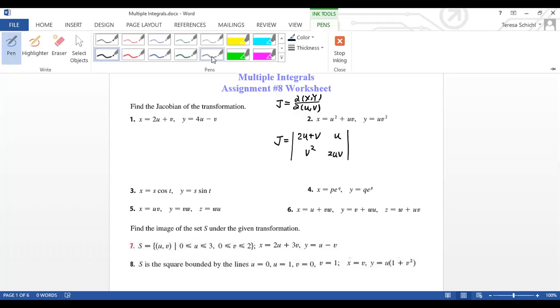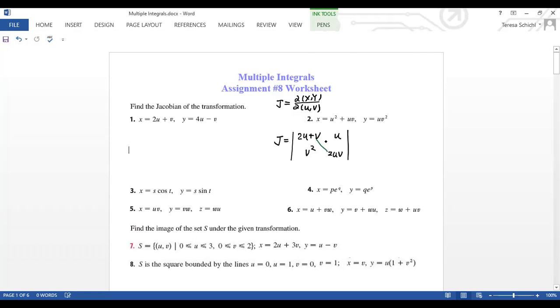And then you find the determinant. So we have (2u plus v) times 2uv, minus u times v squared. If you simplify this a little bit, it will give you 4u squared v plus uv squared.